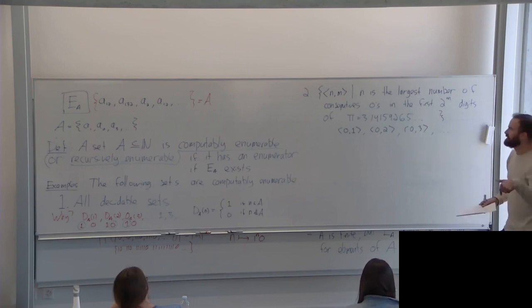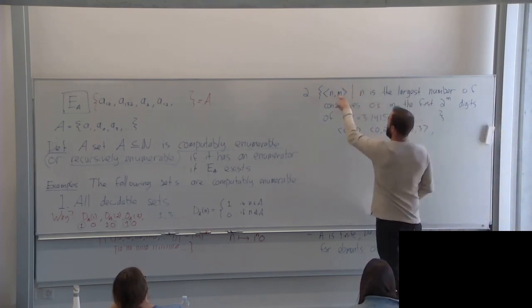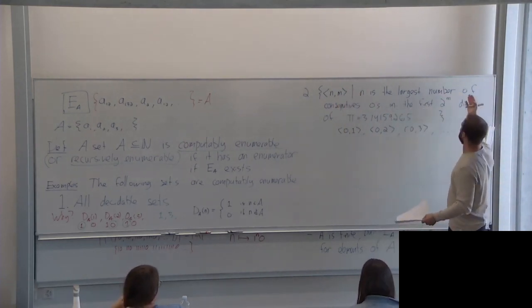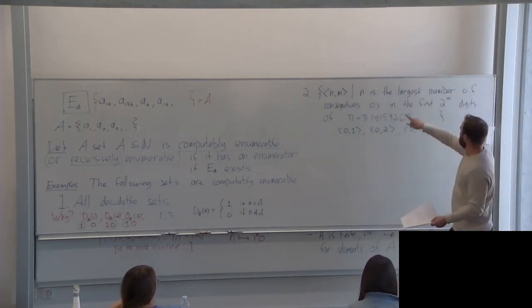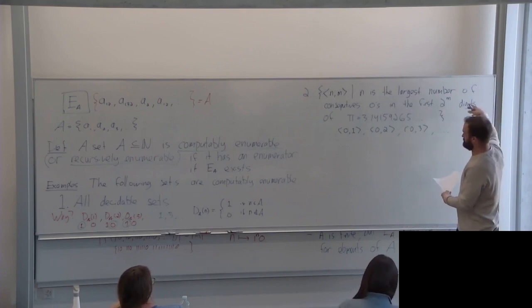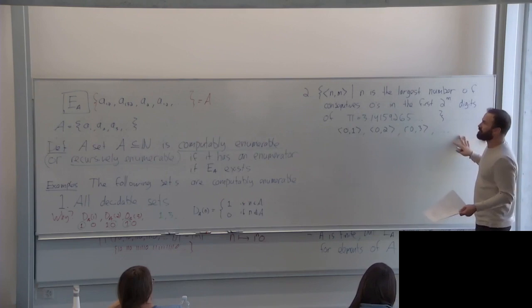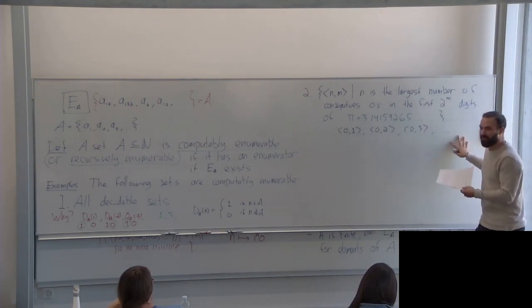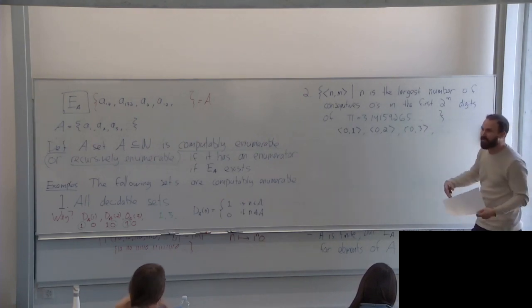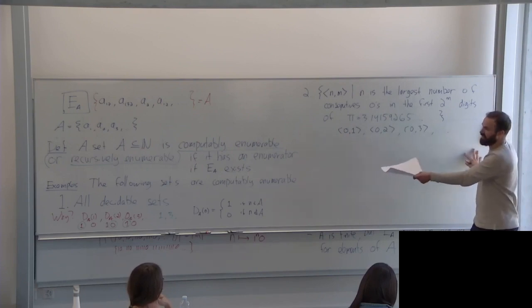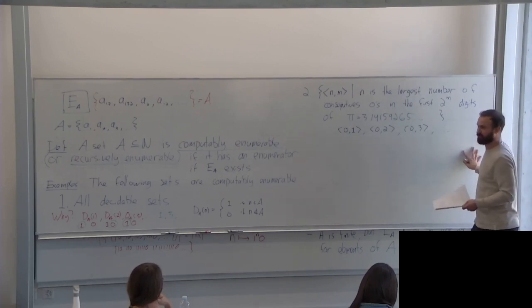I give a pair n, m, and you have to tell me yes or no: n is the largest number of consecutive zeros in the first 2 to the m digits of pi, and you can say yes or no. So I tried to come up with an example in which explicitly you use the enumeration structure, but as Lorenzo remarked, I'm basically again in case number 1.